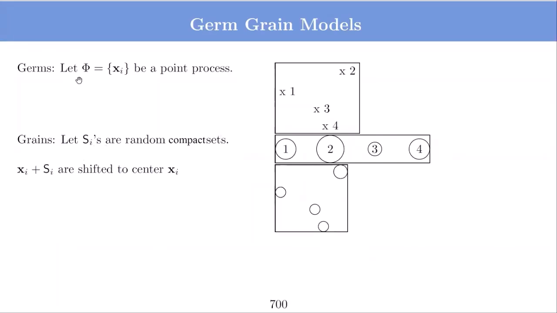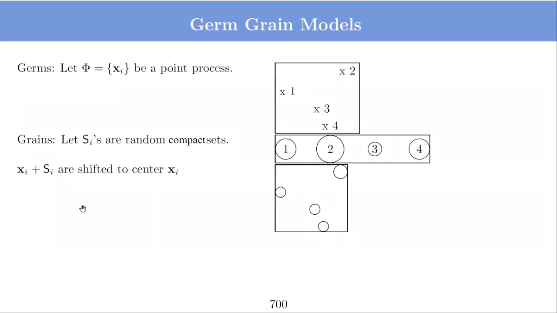As points are ordered like x1, x2, x3, there is also an ordering of the random objects: this is the first object, second, third, and fourth. And this random compact set can be of any shape. They can be a square or a polygon, or spheres of different sizes, anything. But the distribution should be well defined.